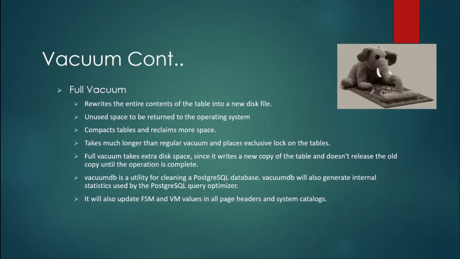But whenever the visibility map was introduced by the PostgreSQL community, the visibility map directly or indirectly improves the performance of your vacuuming operation by skipping the pages which do not have dead tuples.